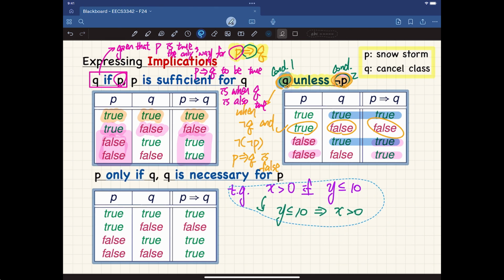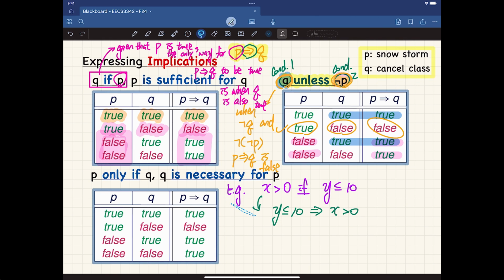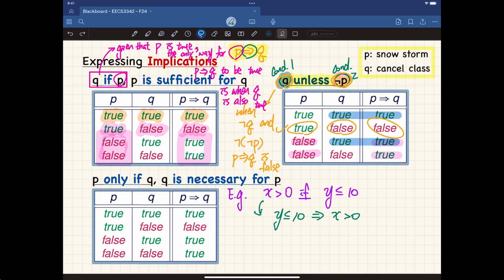I want to do one more thing together with you, which is to understand if and only if, which is interesting. When you actually got P if and only if Q, right? Now, you're still learning, that's okay, I'll just tell you. The way to understand is like this.